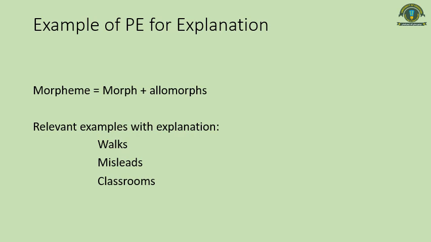Misleads, then we have to separate misleads into two morphemes. Lead is the stem or the root, a verb, and then we attach to it one derivational morpheme, mis, because when we attach mis to the verb lead, we can create a new word.